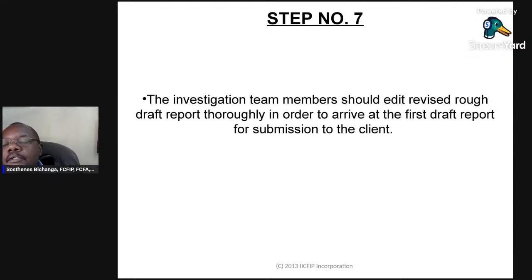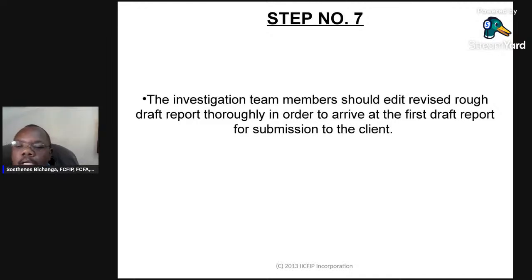Without having that put in the report, you cannot know what the digital forensics expert did. So the forensic investigation report acts as a mouthpiece of the forensic investigation.